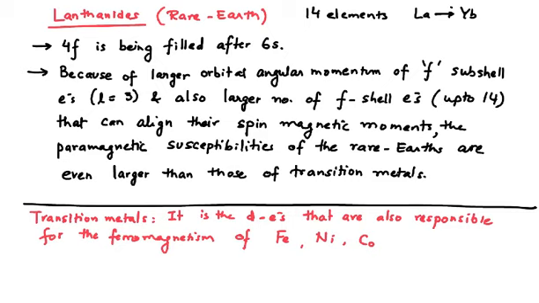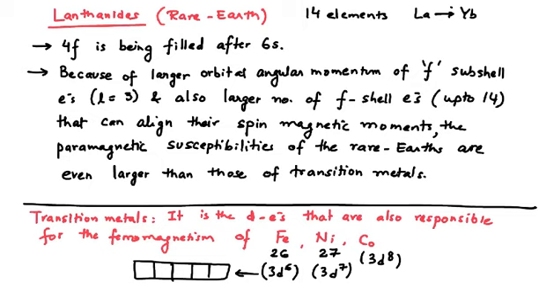So iron has a Z number of 26, cobalt is 27, and nickel is 28. Cobalt has the 3d7 configuration at the end, nickel has 3d8, and iron has 3d6.